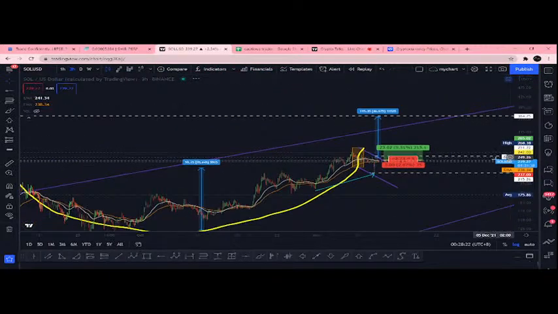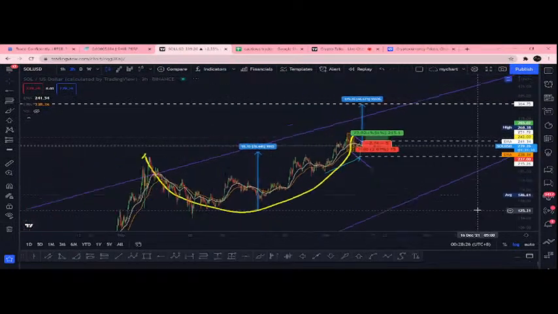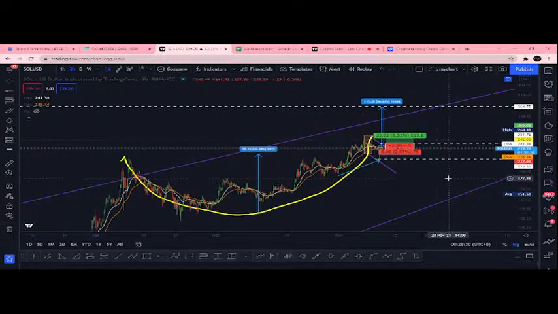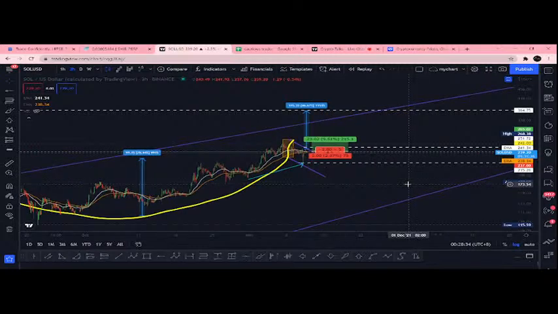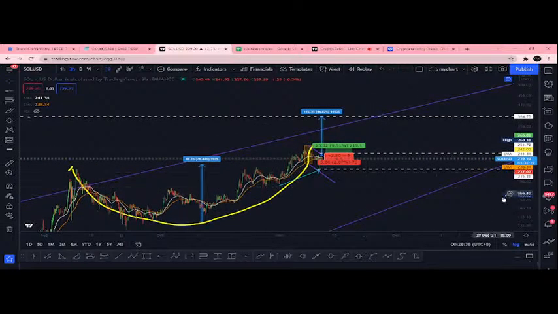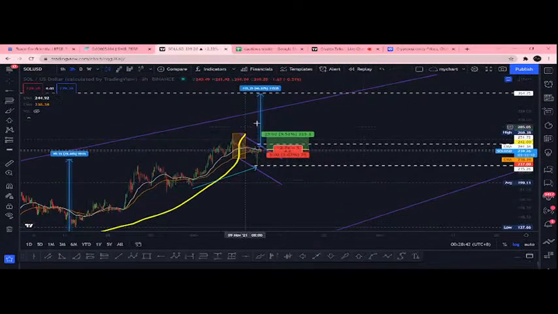But of course, for long term, I'll just use it as collateral. I think some of it is actually being staked in Sol Wallet. So I think that's it.